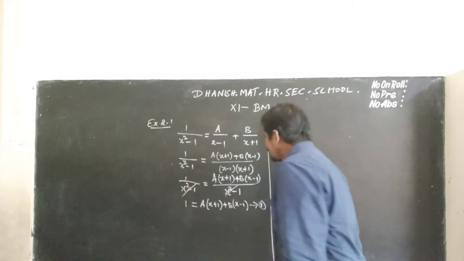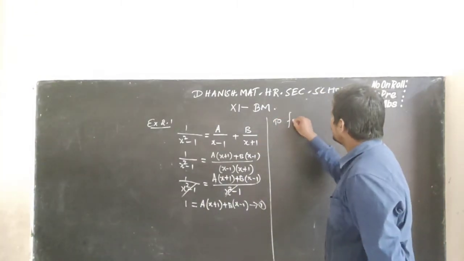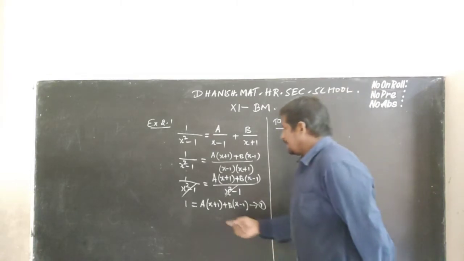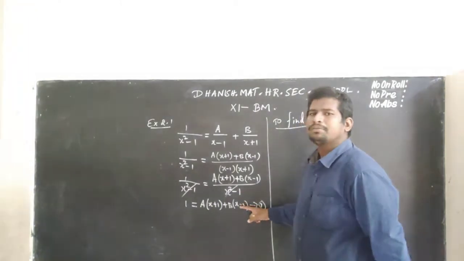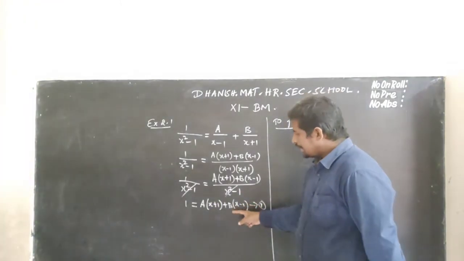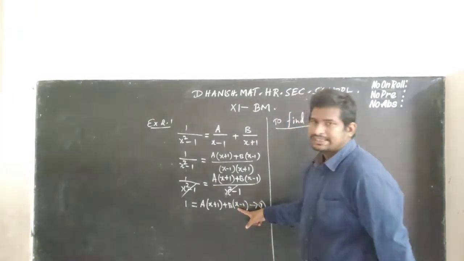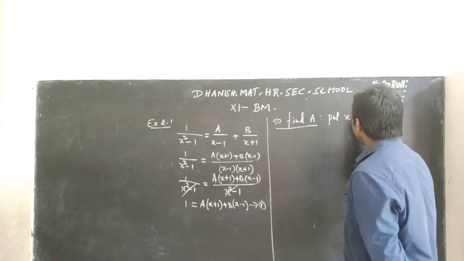Now, to find capital A. If you want to find A, the B term, the remaining term should become 0. In order to make this B term 0, I am going to put x as 1. So put x equal to 1.